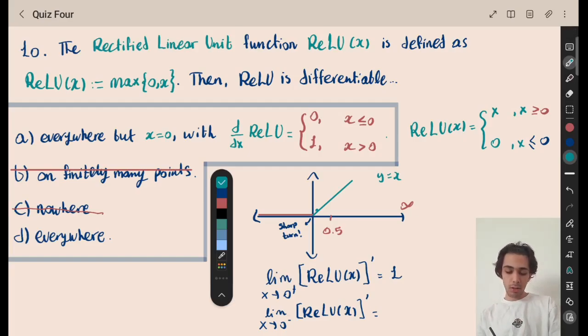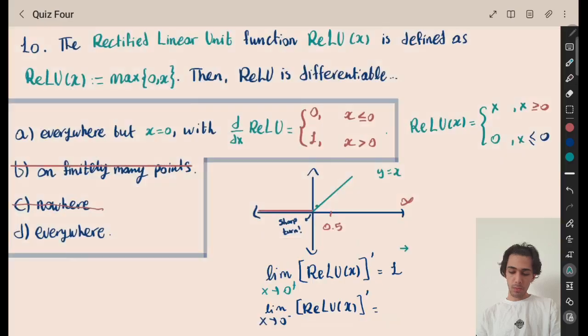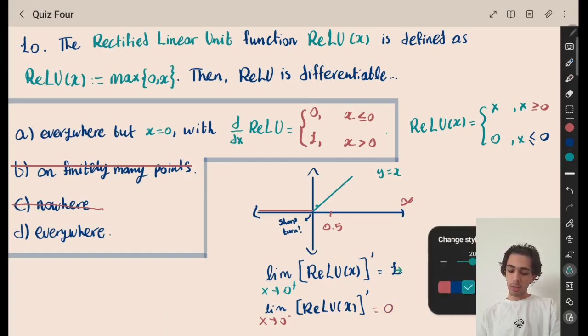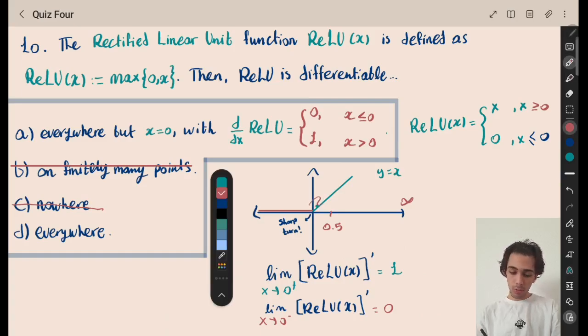Now, if I'm on the 0 minus side, then my rate of change is 0, because I'm on the constant line. And notice now that the color coding is very useful for the visual image. So the rates of change are not continuous.